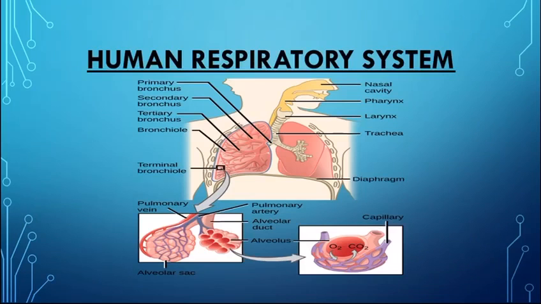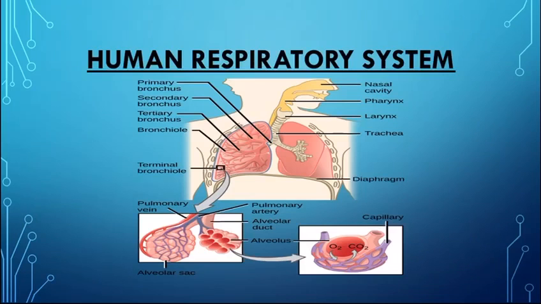Okay. Now come to the human respiratory system. We all know the basic structure of the human respiratory system. It starts from the nasal cavity, which enters the pharynx, then larynx, then we have the trachea, the windpipe, which divides into bronchi, two divisions which enter each lung. We have two lungs, so in each lung we have the division which divides from the windpipe, the trachea, and enters the lung, that is called a bronchus.